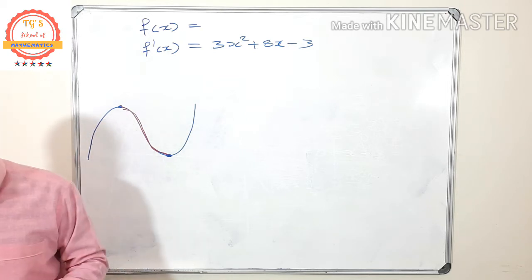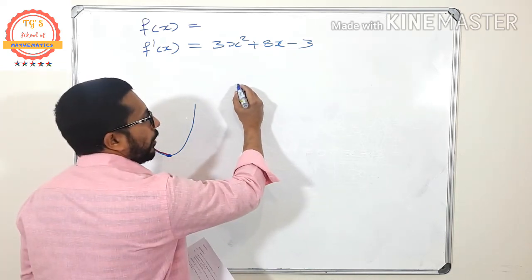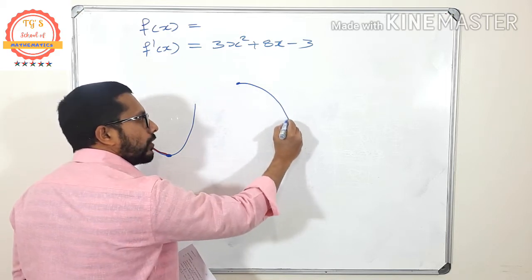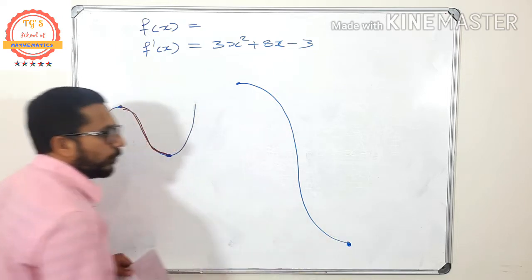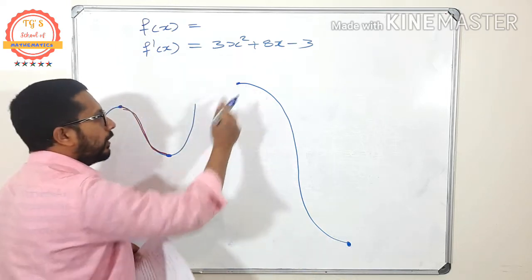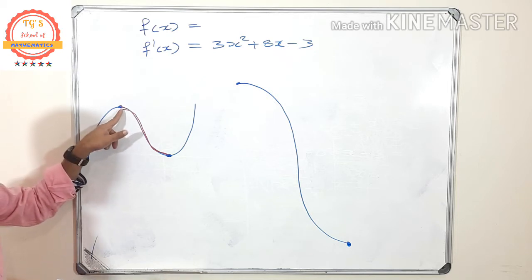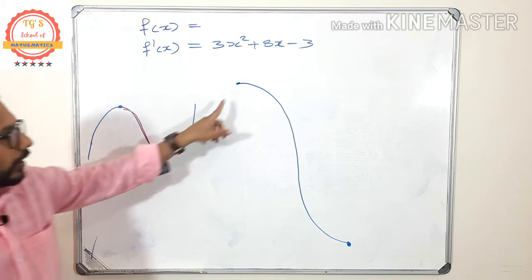If I enlarge like this, you can visualize how the graph is going to come when I enlarge too much. This is the maximum point, and the graph is going to come something like this. I enlarge between these 2 points, the maximum turning point and the minimum turning point.